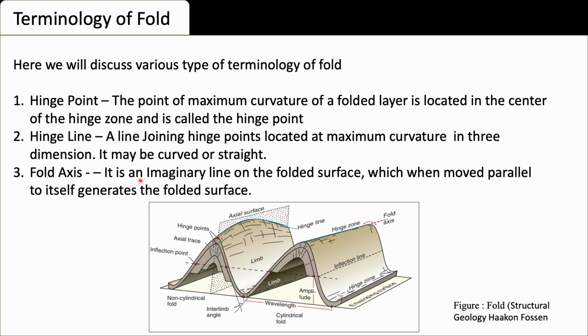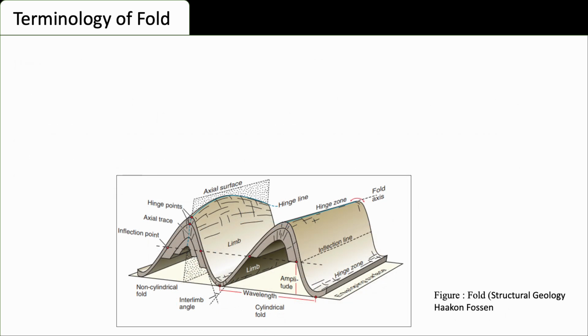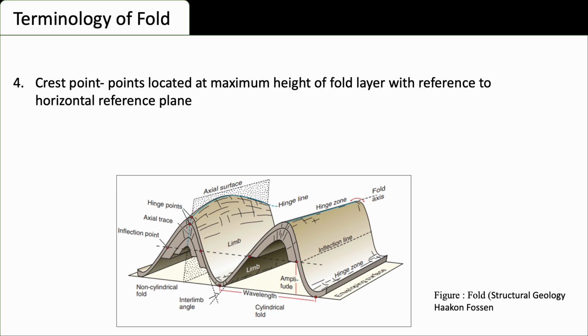Next we have a fold axis. It is an imaginary line on a fold surface which, when moved parallel to itself, generates the fold surface. Continuing with fold terminology, we have a crest point, located at maximum height of the fold layer with reference to the horizontal reference plane.